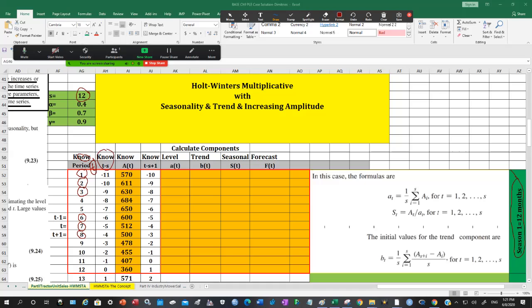We will be using this T minus S when we go to season number 2. Here we have the actual unit sales, so we know that too.